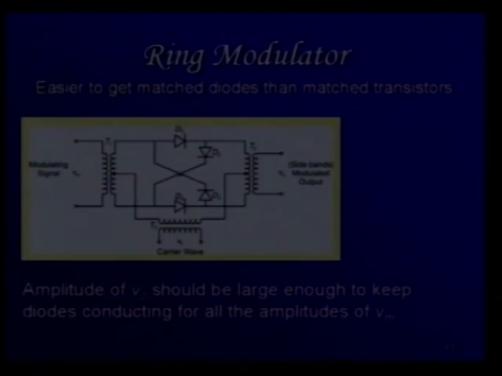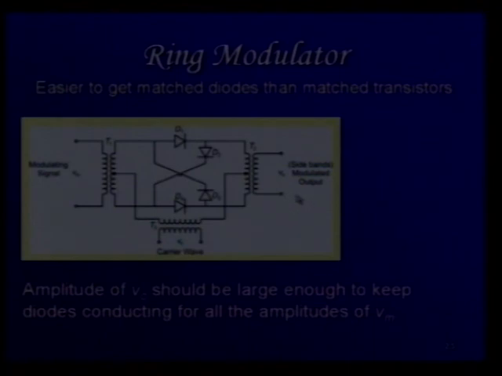Rather than that, it is much easier to get matched diodes. And so, here we have a kind of bridge circuit where we have a modulating signal here, and we have a carrier wave signal, and we have a combination of 4 diodes which gives an output at this particular end proportional to the sidebands.